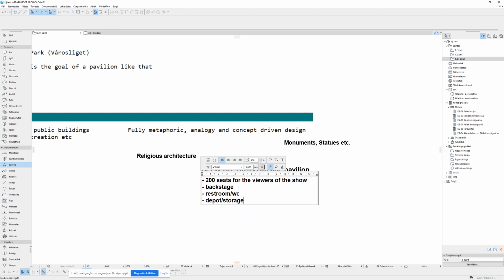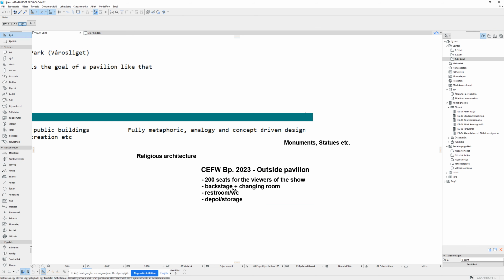Depot storage. Backstage is not only for classic backstage function, but changing room. Okay. So that's all. I don't ask you more function, okay?